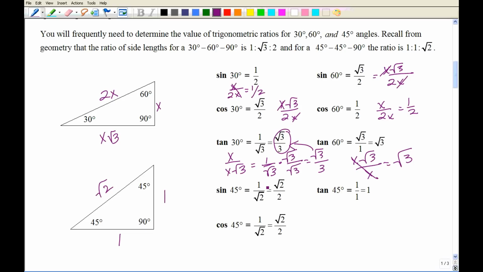But then you have to rationalize that by multiplying by the square root of 2 on the top and the bottom. And that's how we get square root of 2 over 2. Tangent of 45, opposite over adjacent. So we have 1 over 1, which just equals 1. And cosine of 45 would be adjacent over hypotenuse. Rationalize that denominator, and you get the square root of 2 over 2.